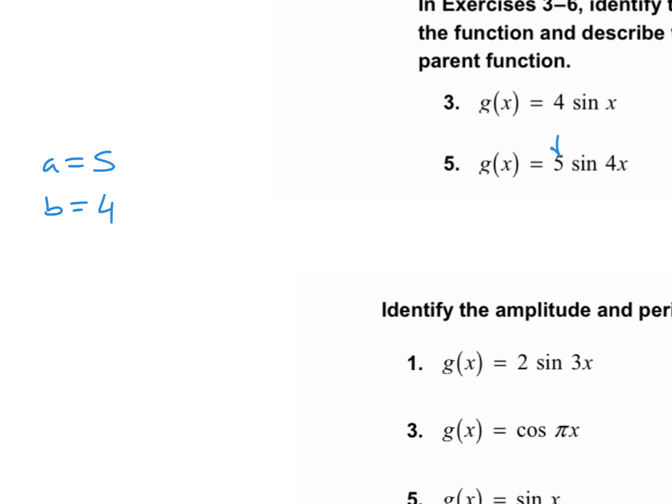So the A is the first number, B is the second one. A helps us find the amplitude, so our amplitude is 5. B helps us find the period. What is our period? 2 pi over B, which is 2 pi over 4. So that would be pi over 2.